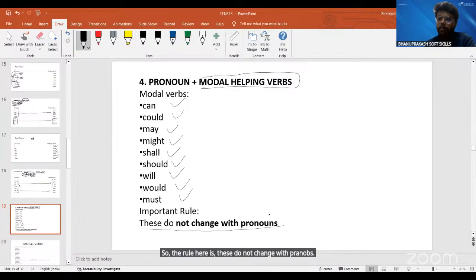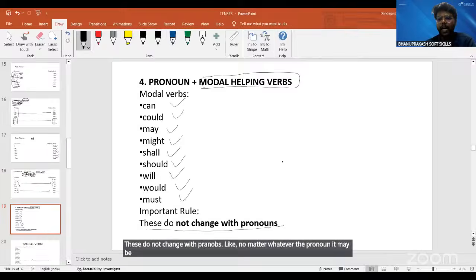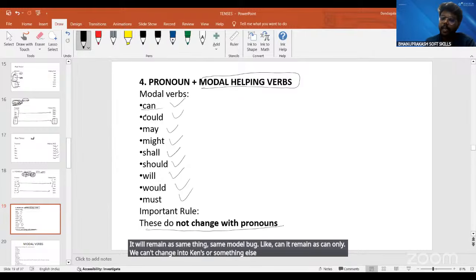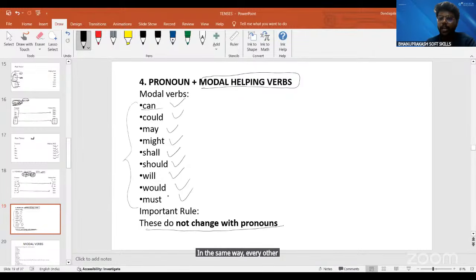No matter what the pronoun is, whether it is I, we, she or he, it will remain the same modal verb. Like can remains as can only. We can't change it into cans or something else. In the same way, every other modal verb will remain the same.